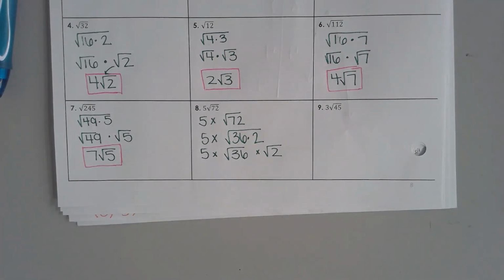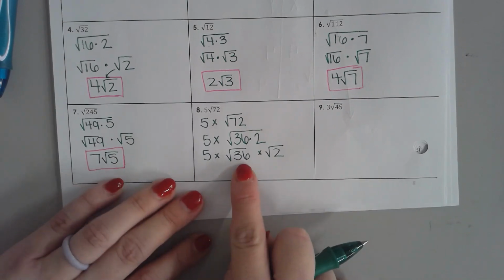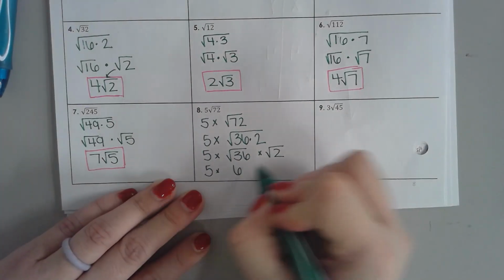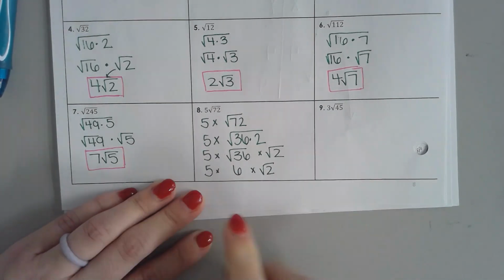Then in my next step, I just broke apart the 36 and the 2. So it's 5 times the square root of 36 times the square root of 2. What is the square root of 36? 6. So this is really 5 times 6 times the square root of 2.